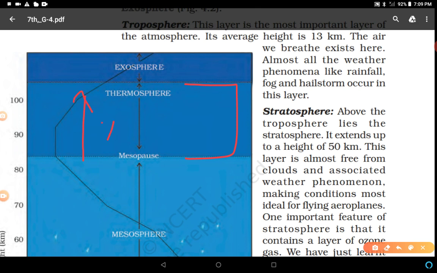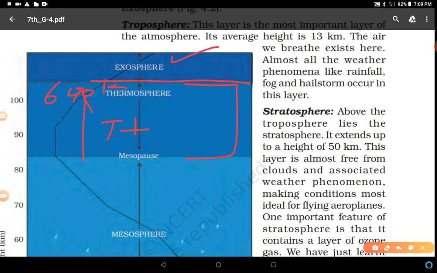Temperature always increases with height. The upper limit of the thermosphere, the thermopause, separates it from the upper layer, the exosphere. The thermopause is generally taken at an altitude of about 600 kilometer.